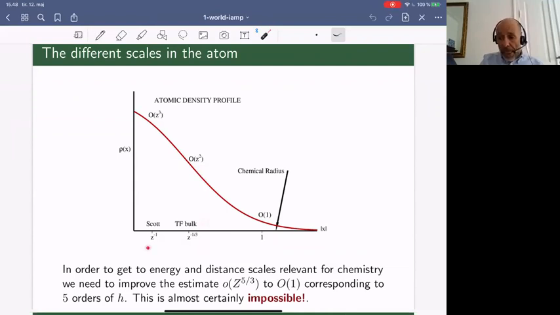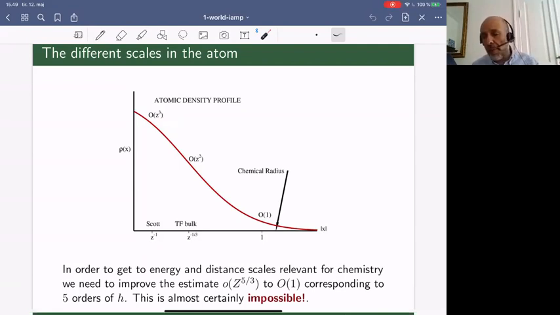The Scott scale came from the singularity. So this is something that's happening down at scale z to the minus 1, where the density is actually of order z cubed. There are only finitely many electrons taking part in this, contributing to the Scott correction. I mean, there are infinitely many, but you get already an order z squared correction by looking at only finitely many.